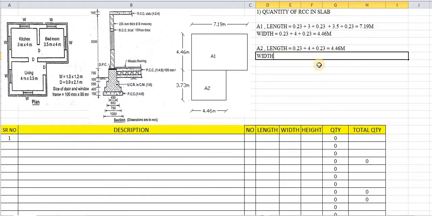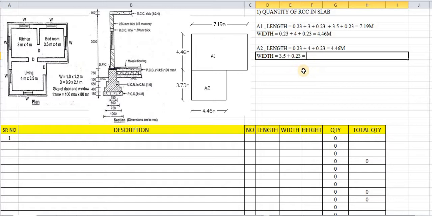Same way we will find out the width of this living room. While calculating the width of A1, we have covered two wall thicknesses. That means this wall thickness has already been covered in A1. For A2 calculation, what is the width? We will start the width directly from this 3.5 plus the remaining wall thickness. That is only one wall thickness remaining.